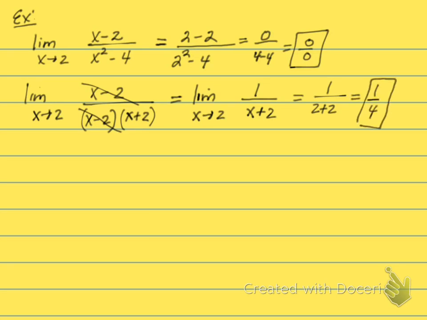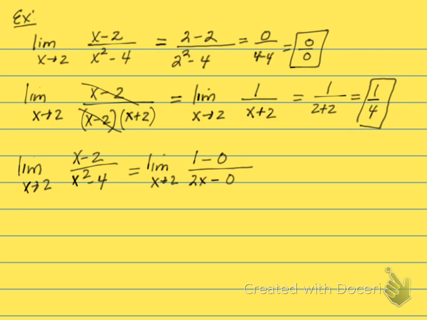Okay? So now that we know something about L'Hopital's rule, we can actually use L'Hopital's rule for indeterminate forms. All right? So I will go back to my original expression, which is the limit as x approaches 2 of x minus 2 over x squared minus 4. So according to L'Hopital's rule, what we want to do is take the derivative of the numerator, which would be 1 minus 0, and take the derivative of the denominator, which would be 2x minus 0, and we would get the limit as x approaches 2 of 1 over 2x.